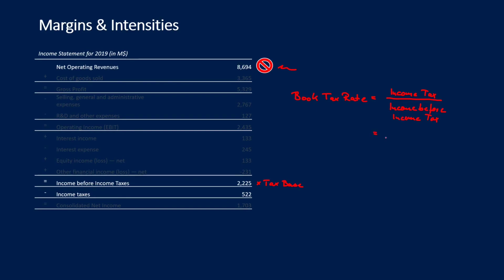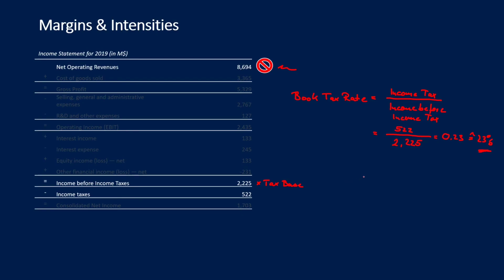So in this particular case, we would now divide 522 by 2,225. And that is 0.23, which is equivalent to 23%. So what we see here is that this company has paid a 23% tax rate.